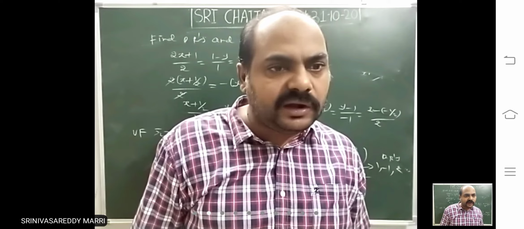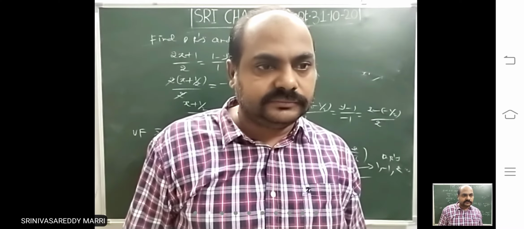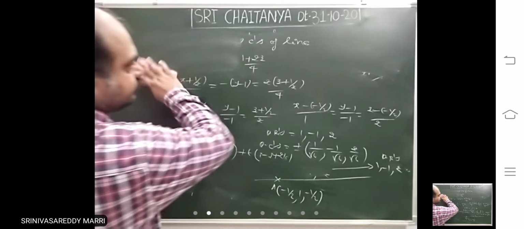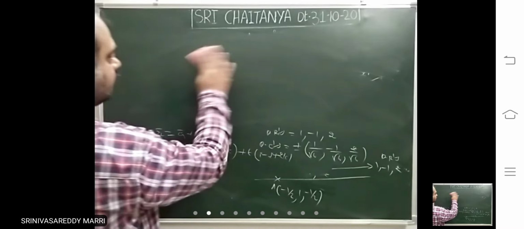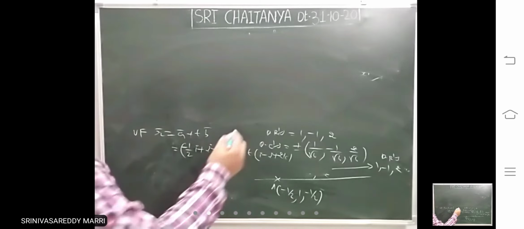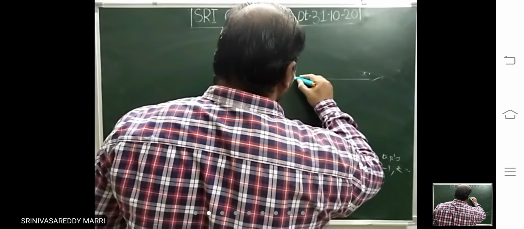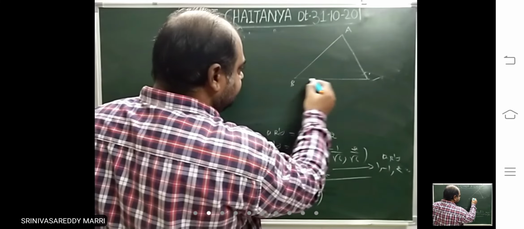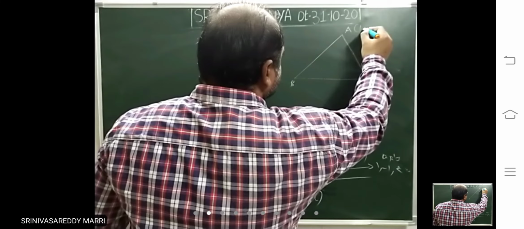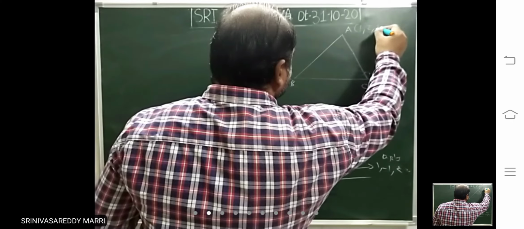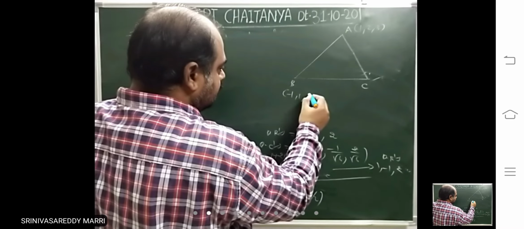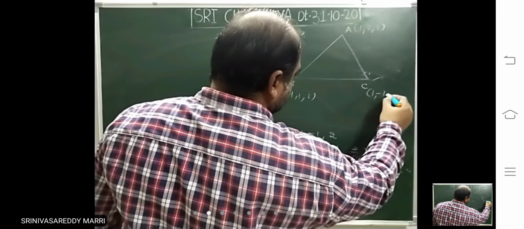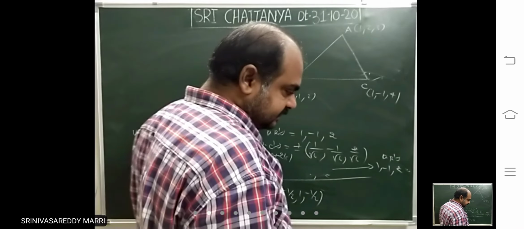If a point and the DRs are known. Suppose we take points A, B, C, and one of them is (1, minus 1, 4).